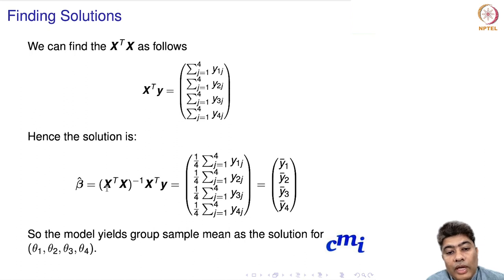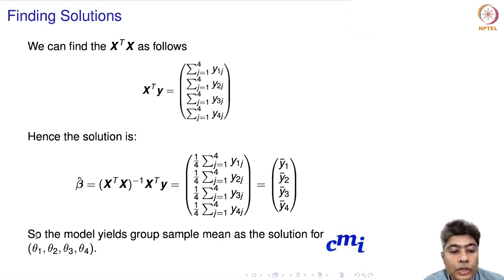So my beta hat is basically the sample group mean y1 bar of the first group. Similarly, y2 bar is the sample group mean of the second group, toxin group 2. y3 bar stands for the sample mean for group 3, in this case toxin 3, and y4 bar is the sample mean of the control group.